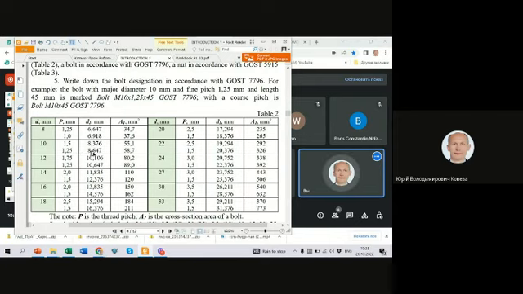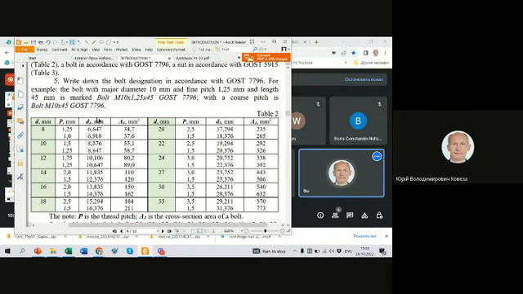Write it: D and P. For example, if your result is 9 millimeters in D1, 8.6 is less than 9, it is not correct.